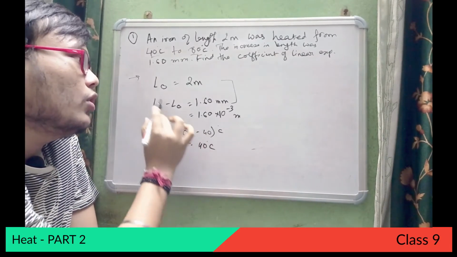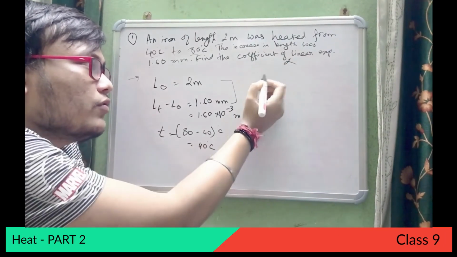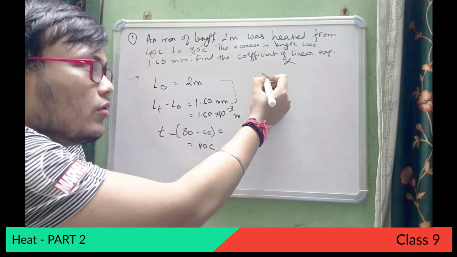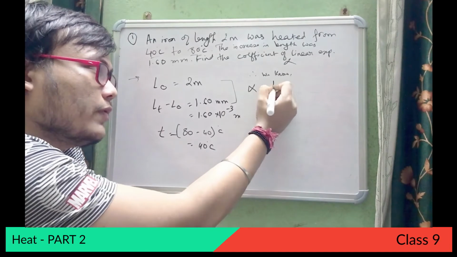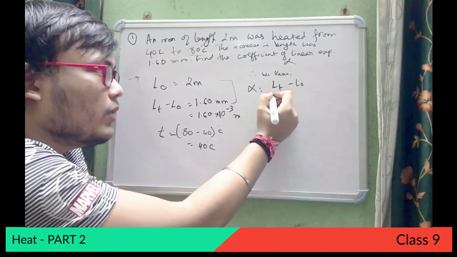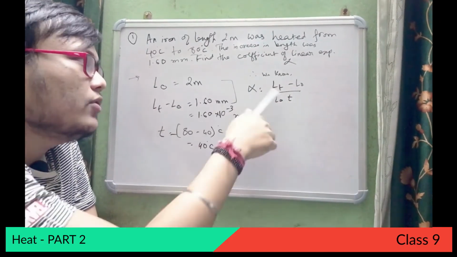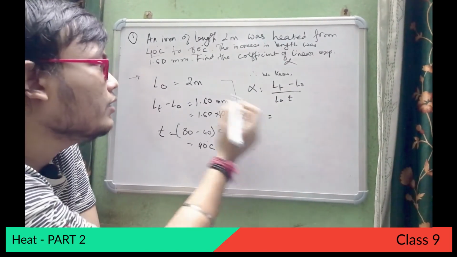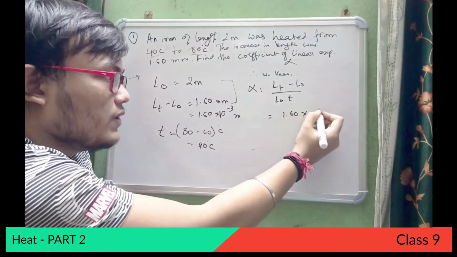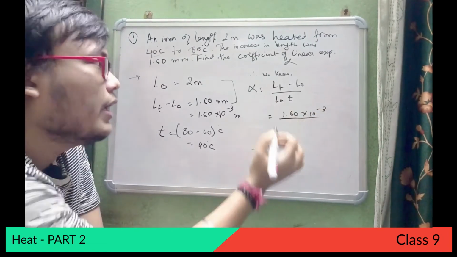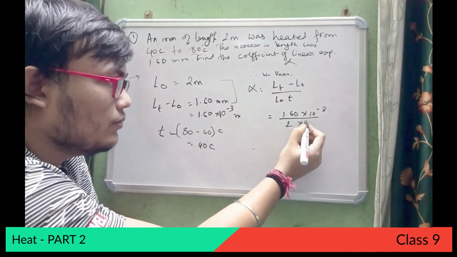If we put all the values in the formula, we will easily get the coefficient of linear expansion, alpha. Alpha equals LT minus L0 by L0 T. Replacing the values, LT minus L0 is 1.60 into 10 to the minus 3, L0 is 2 and T is 40.